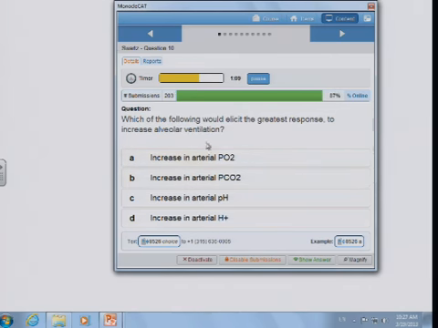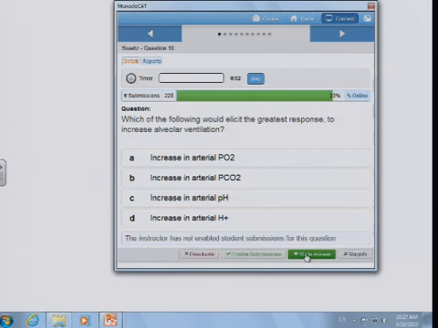So this is more similar to what you would see on an exam question. All right, time's up. Get your answers in. Increase in arterial PCO2. All right, we'll walk through this.